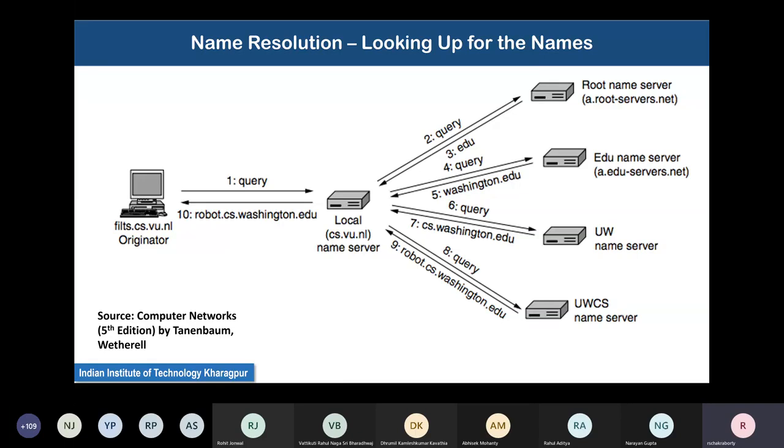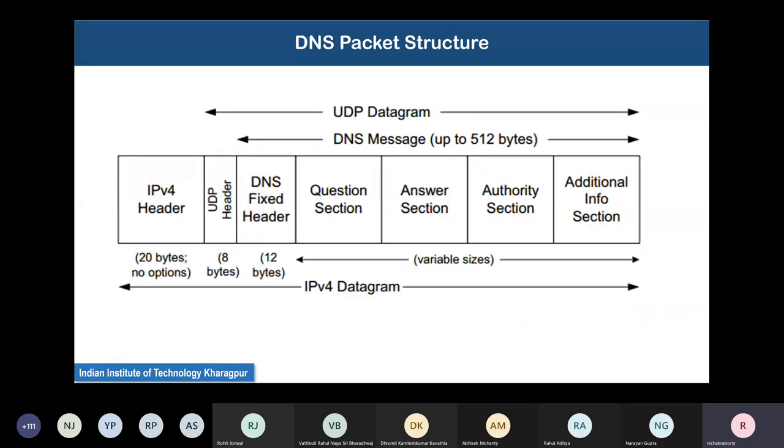Okay, now two questions need to be answered and we will answer them one after the other. First of all, what is the format of these queries? And secondly, what are the answers of these queries? Or how do they get the answer to these queries? This we will now get some information.